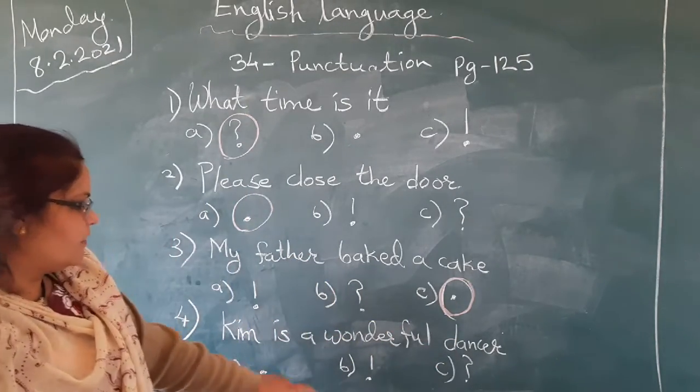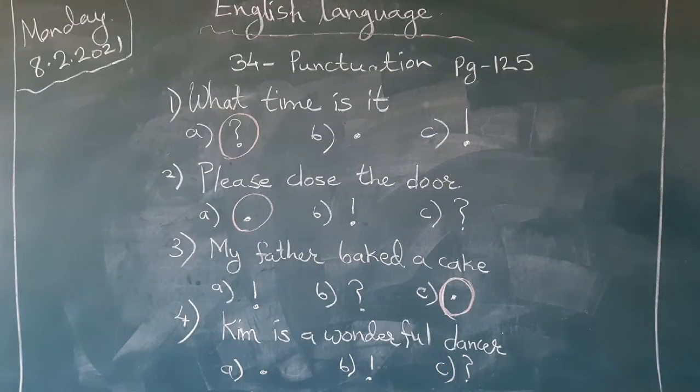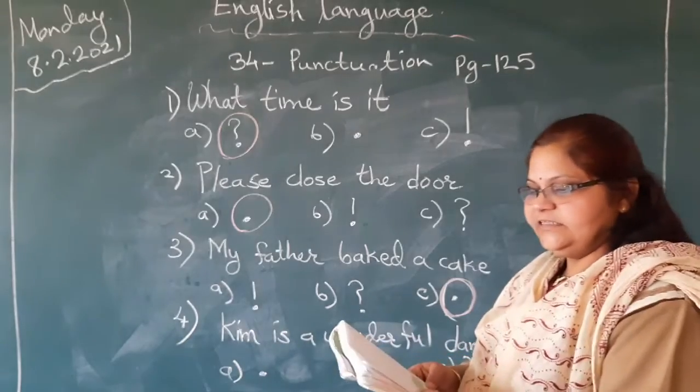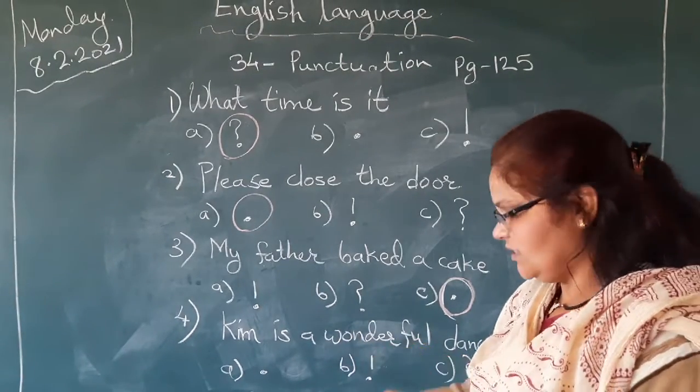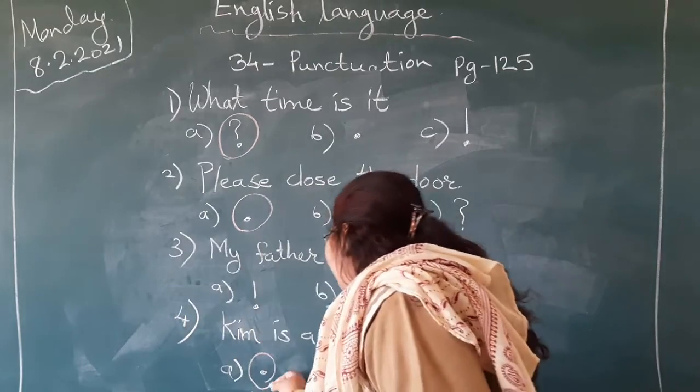A is full stop, B is your exclamation sign, and the third is question mark. What do you think the correct answer is? Yes, it is a full stop. So you just have to circle a full stop here.